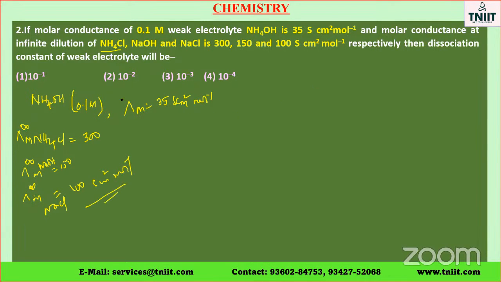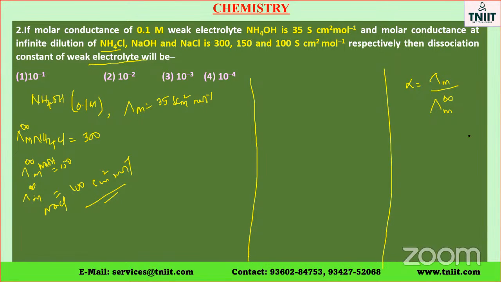And they're asking, what is the dissociation constant of the weak electrolyte? See, the molar conductance of an electrolyte at a particular concentration divided by the molar conductance of the same electrolyte at infinite dilution is the formula to calculate the degree of dissociation.